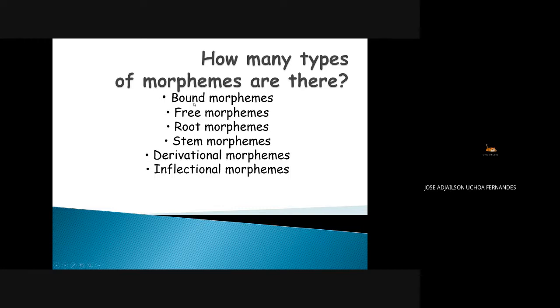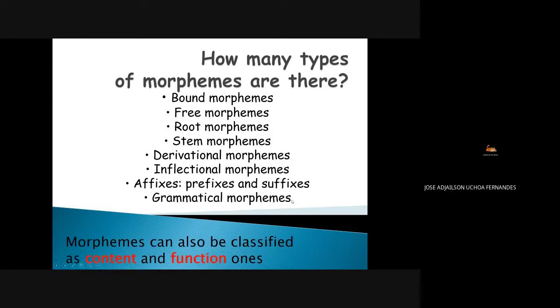Don't worry, because I'm just presenting you what's to come, okay? We are going to discuss each of these types of morphemes one by one. We also have the affixes. Okay, we can call them affixes, prefixes, and suffixes, which can be grammatical morphemes as the inflectional ones, or lexical morphemes, okay?